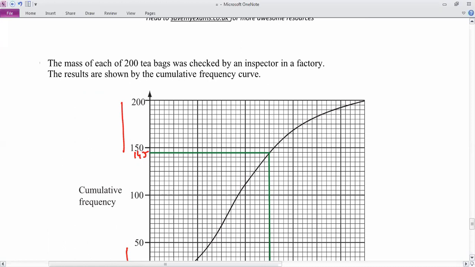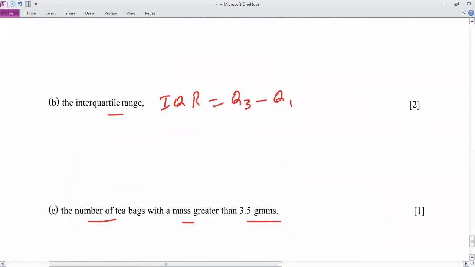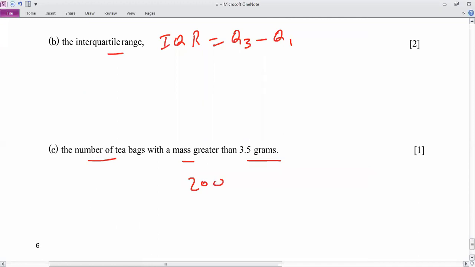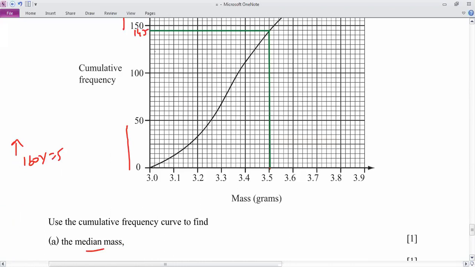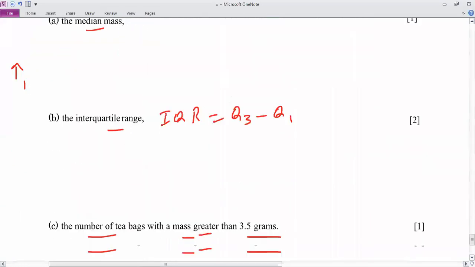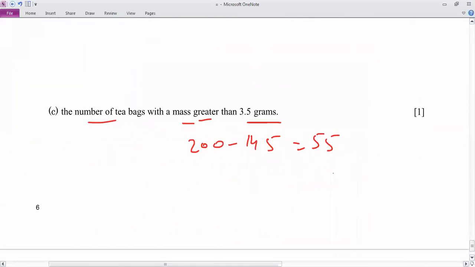So 200 minus 145, 55. If you are asked less than 3.5, then the remaining will be this one. I mean 55 are more than 3.5 and 145 are less than 3.5.